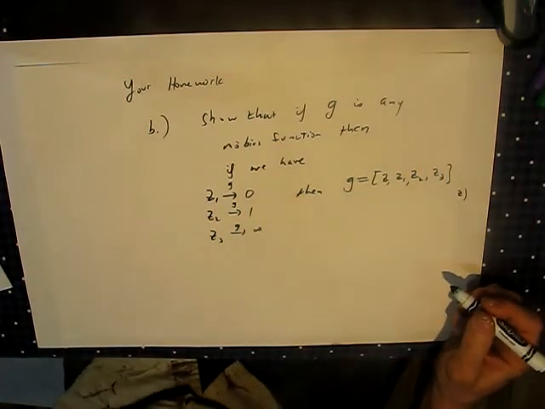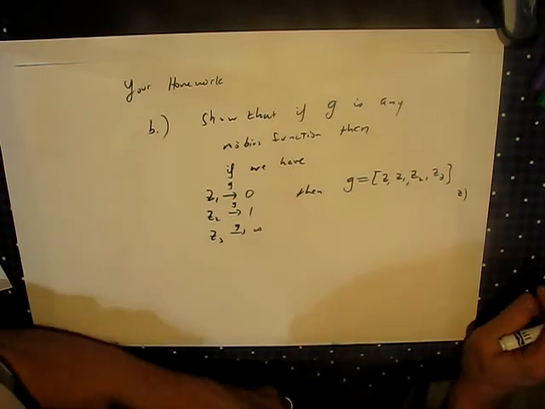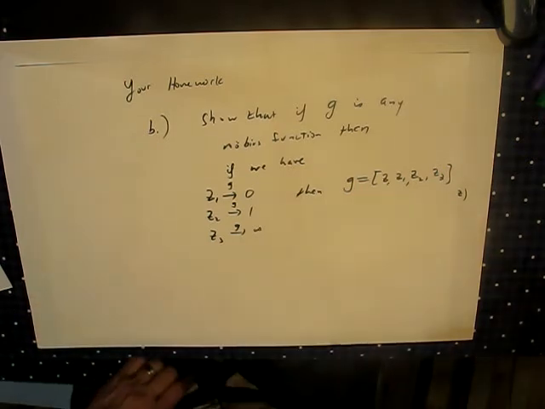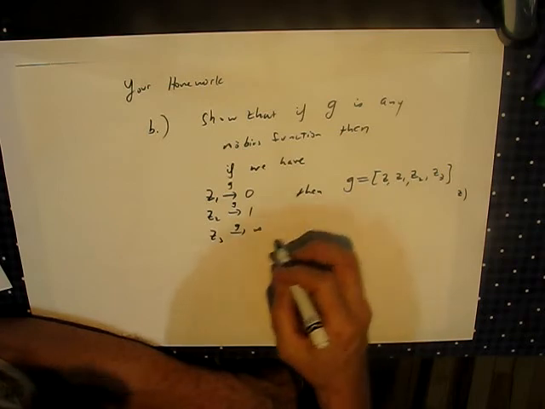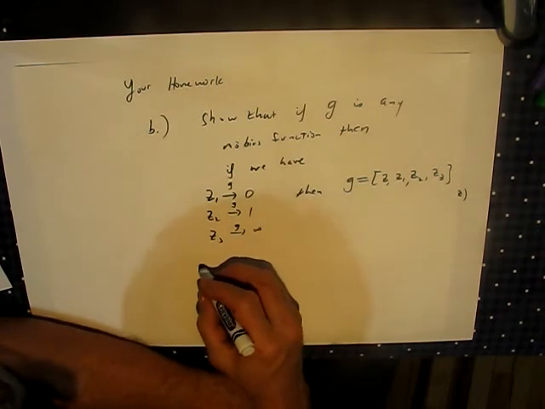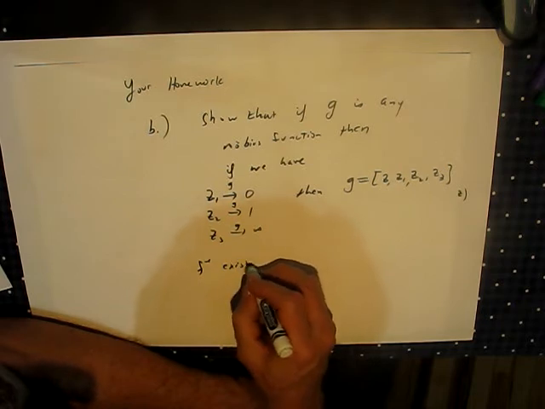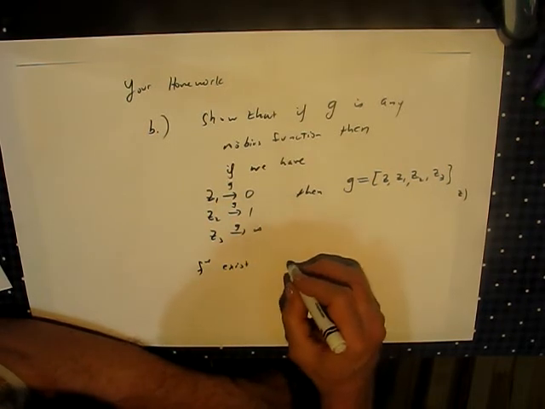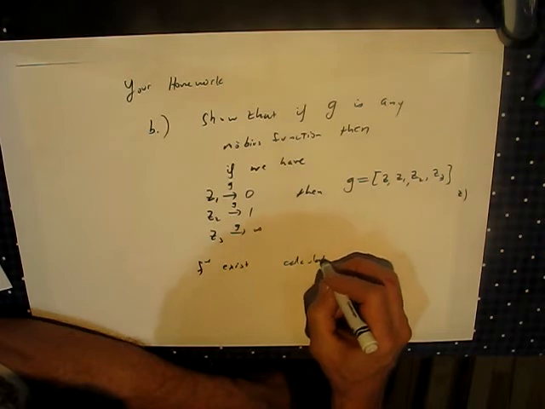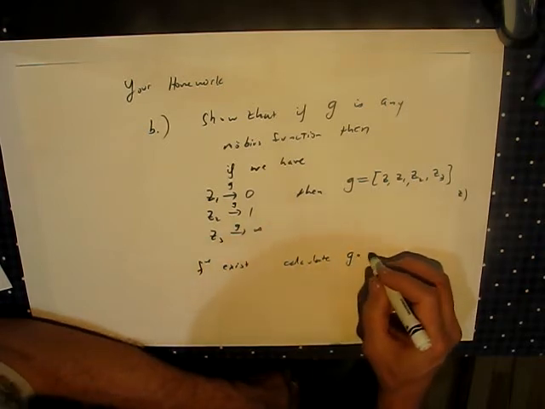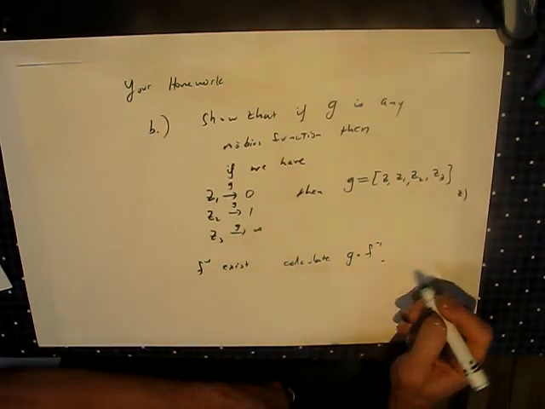Now, the easiest way to show this, I think, is to simply observe that f inverse exists, and then calculate g composed with f inverse.